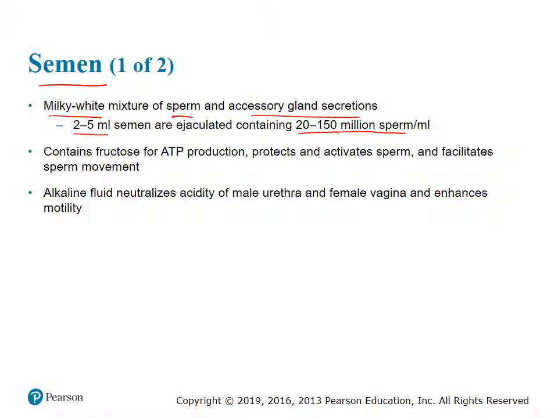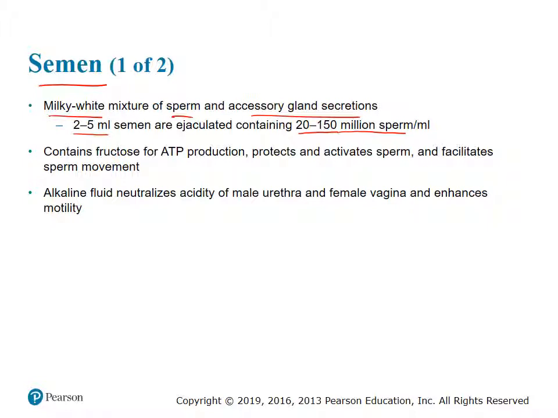It varies tremendously on a lot of environmental conditions, the health of the male, nutrition of the male, how many times the male's ejaculated before. There are many conditions involved that change the number from 20 to 150 million.